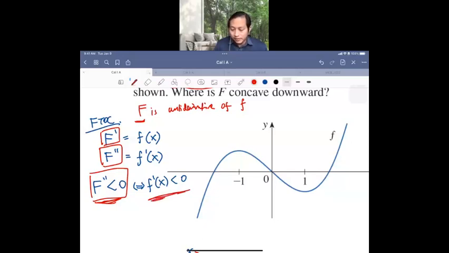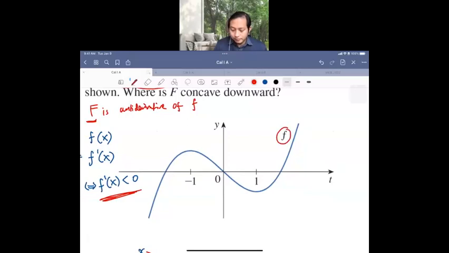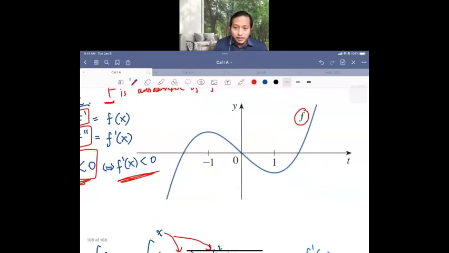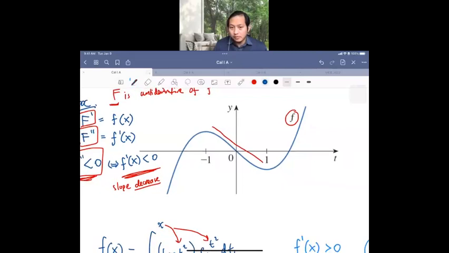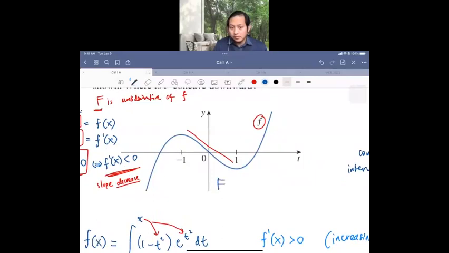Now we can know this from this f. What the first derivative means is that the slope decreases, right? So the only way the slope is decreasing is this one. Got it?